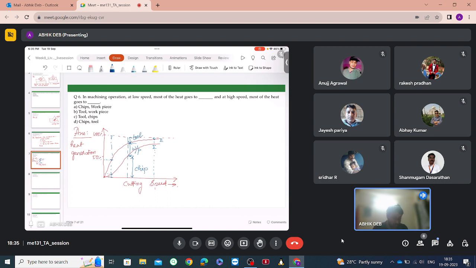Workpiece? How is it the workpiece? If this is 10% and this is 40%, then what is the amount of heat carried by the workpiece?